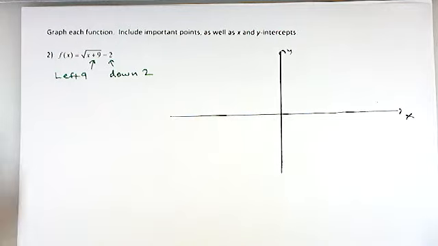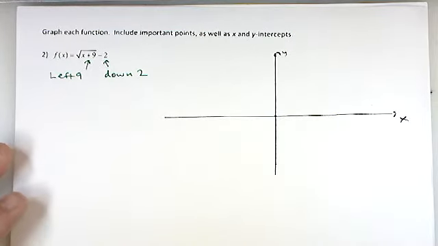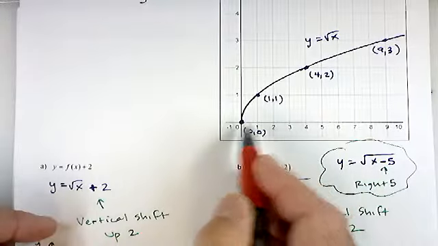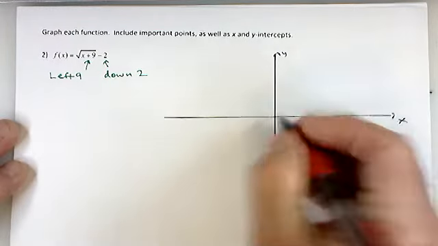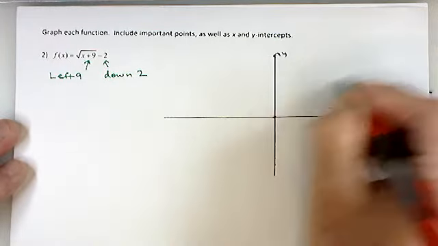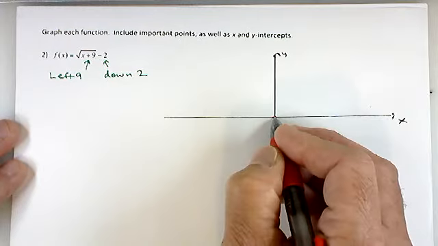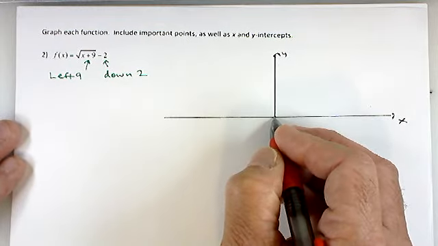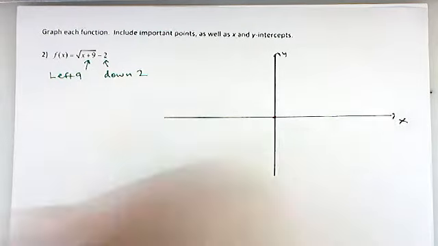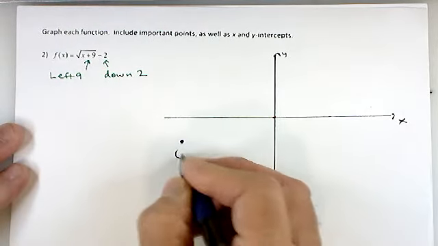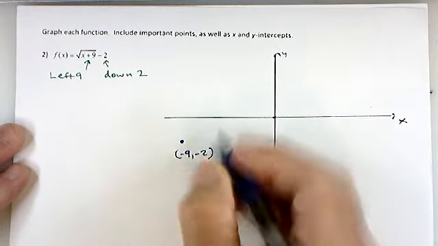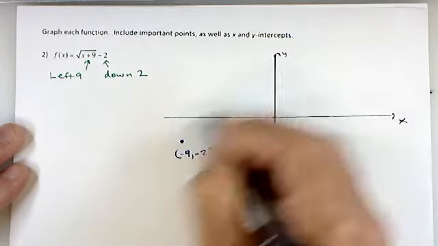If you can remember that original square root function, which starts at the origin and bends off to the right, normally my parent graph would start right here, curve to the right, but every single point in this graph has been moved left 9, down 2. So my starting point is going to be about right here, negative 9, negative 2. And I know it's a square root graph, so it's going to be bending off.